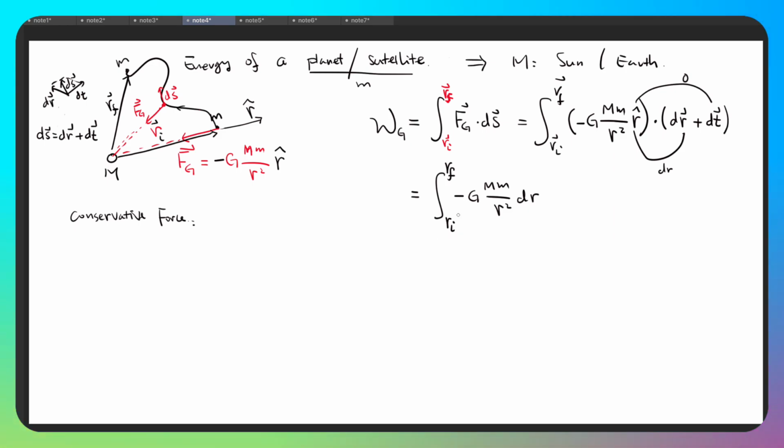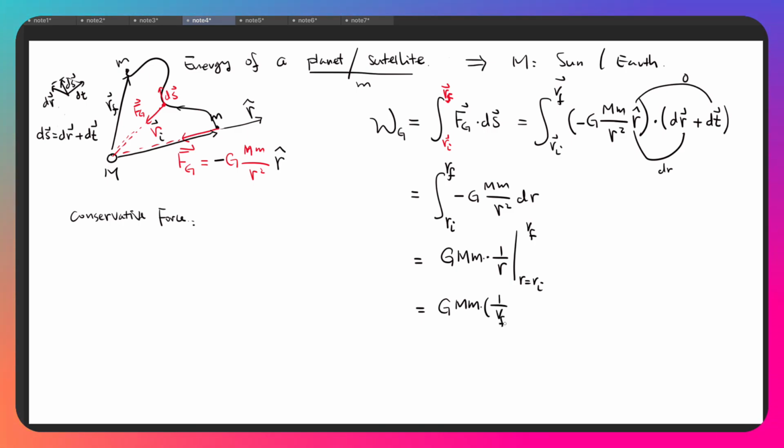And this integral gives us G M m times 1 over r, with r going from r i to r final. From there we get G M m times 1 over r final minus 1 over r i.